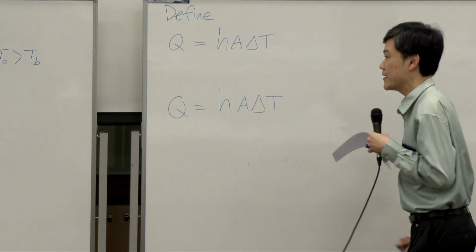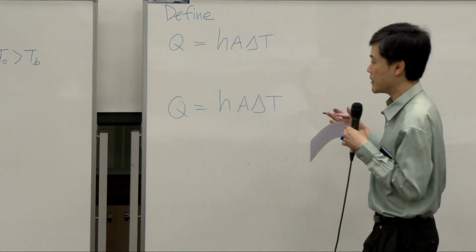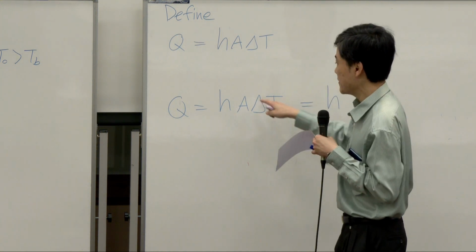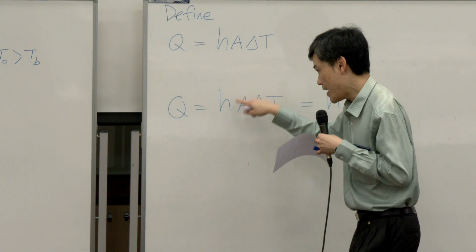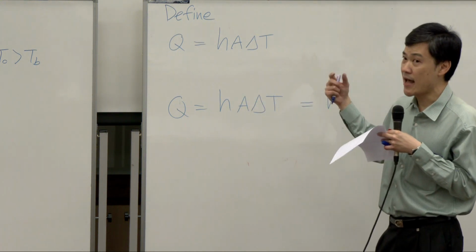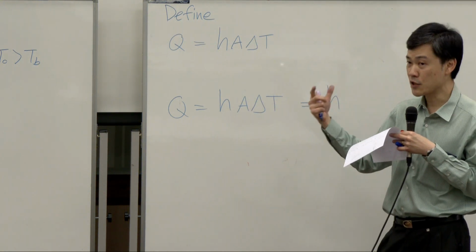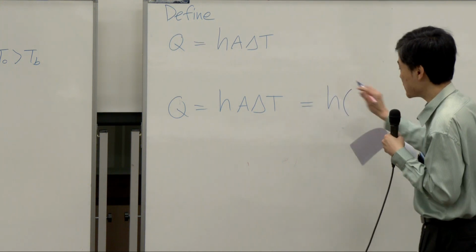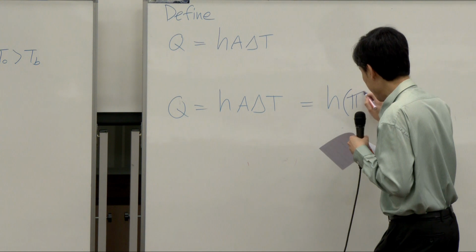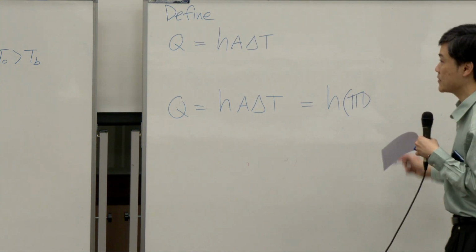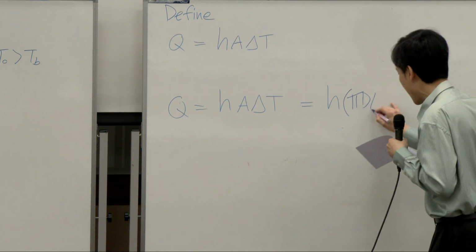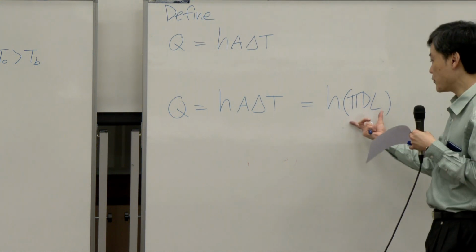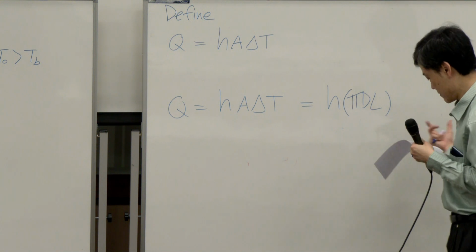The easiest way that you might understand is to use A, this area, as the area of the whole system because we are doing a macroscopic balance. So the area of the whole system would be pi d, which is the circumference of the pipe, times the length L. Okay? So I'm doing the whole pipe balance.